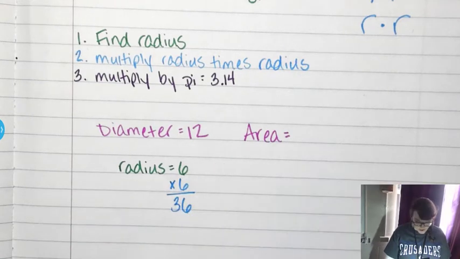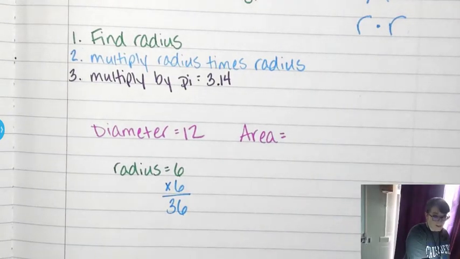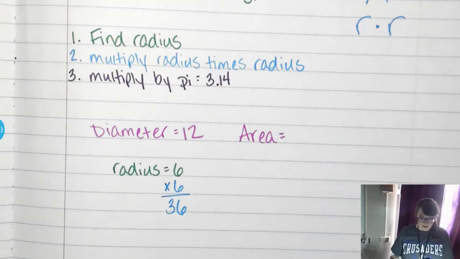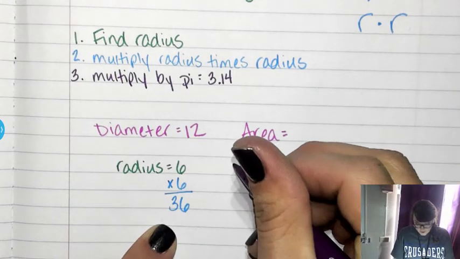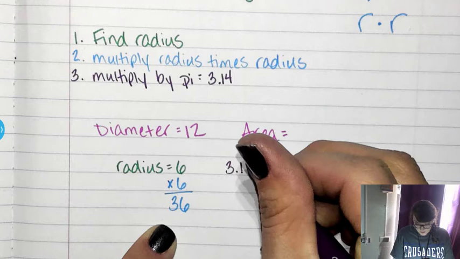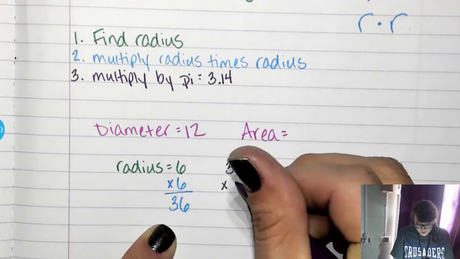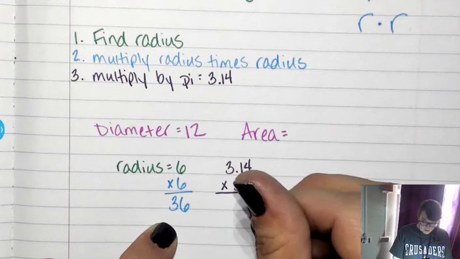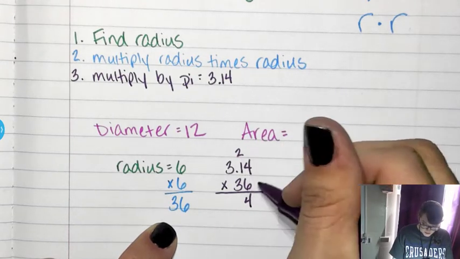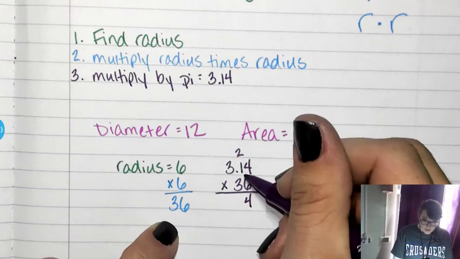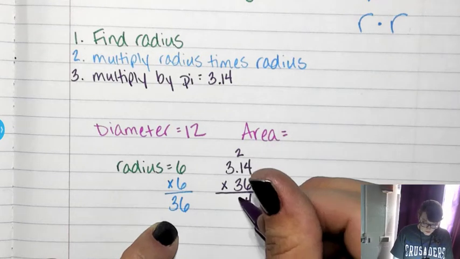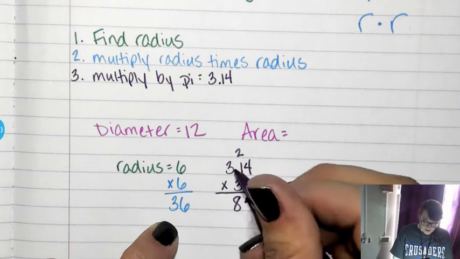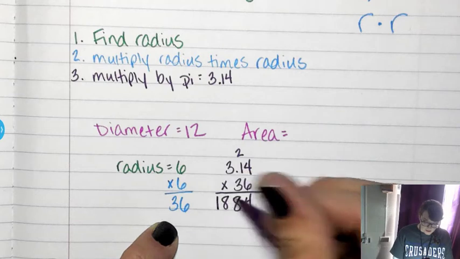And then the last step is to multiply it by 3.14. So 3.14 times 36. 6 times 4 is 24. 6 times 1, 6. Plus 2 is 8. 6 times 3 is 18.